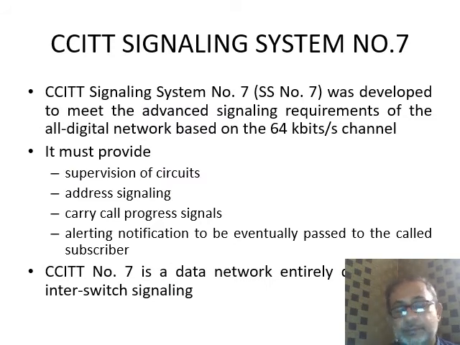So this was basically the history. Now, as the digital exchanges were popular all over the world by the end of the 80s, which used basically 64 kbps voice channels, we needed a signaling system which could provide the supervision of circuits and address signaling.